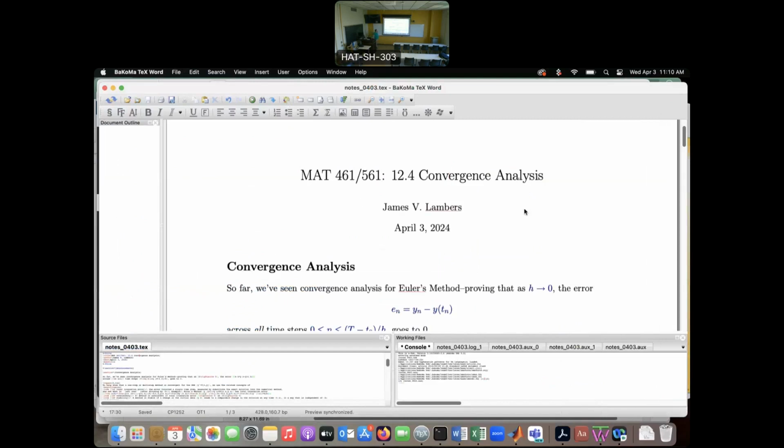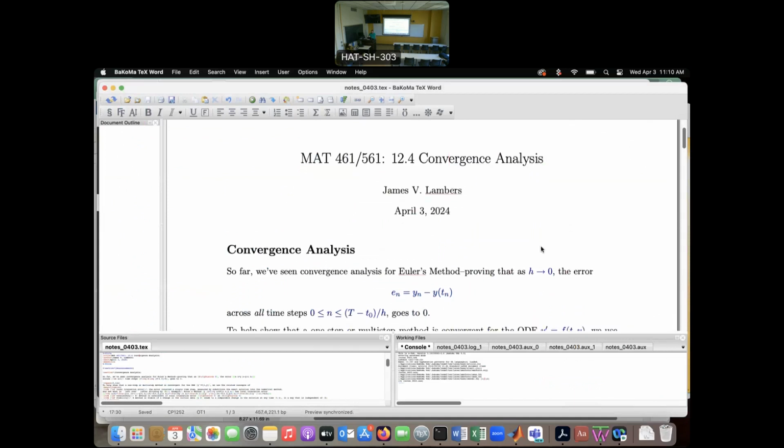So when I first started covering time stepping methods for ODEs, we looked at Euler's method, and I showed you how to prove that as the time step h goes to 0, this error, which is defined to be the difference between the computed solution at time tn minus the exact solution at time tn, across all time steps, however many you have, to get from your initial time t0 to your final time capital T, all these errors go to 0.